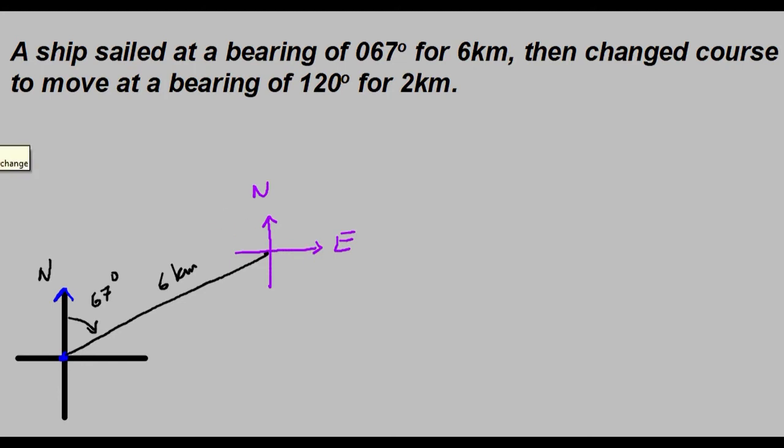So this part of the journey can be represented by something like this, and this angle is 120 degrees because that's the bearing, and this length is 2 kilometers. So this is the end of the journey for this ship.